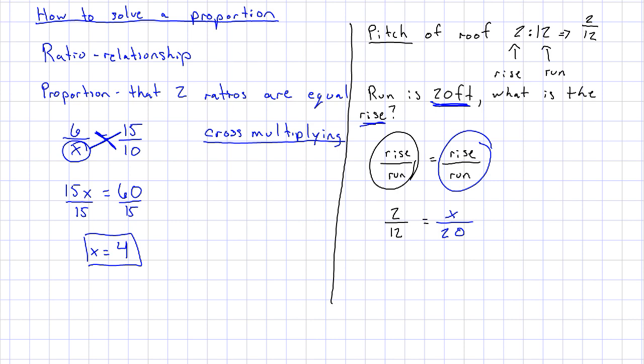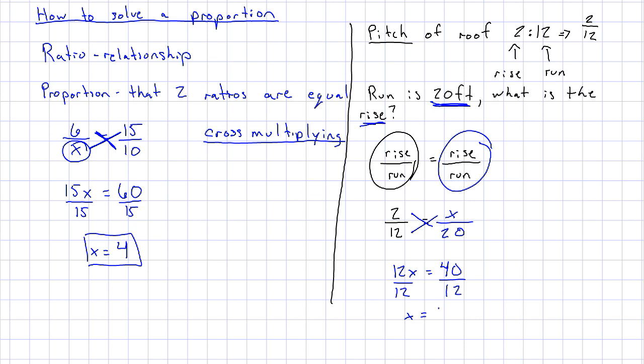So now that I have this, the hard part, I think, of these application problems is setting it up properly. And then solving it, we'll do the same process we did before. We will cross multiply. So we have 12x equals 40. And then we will divide by 12 on both sides. And we will end up with 40 divided by 12, I apologize.